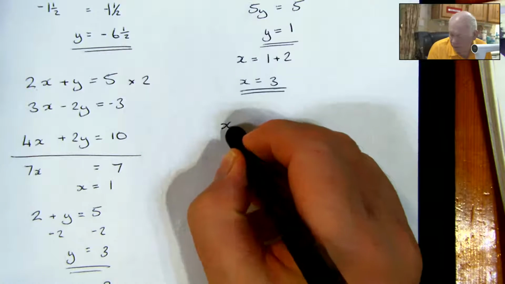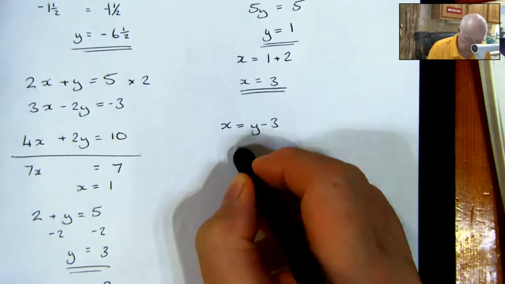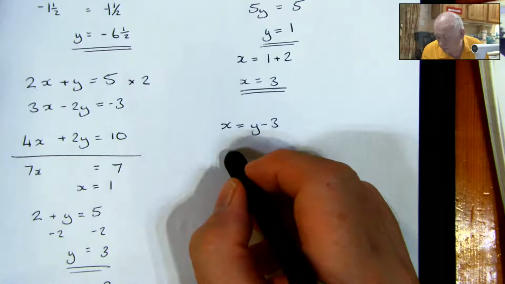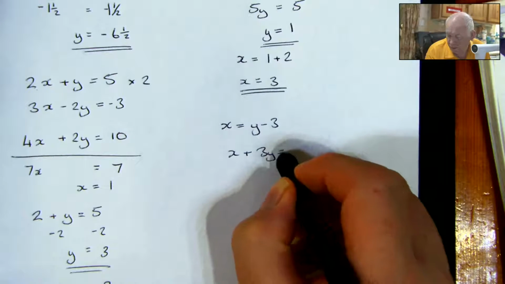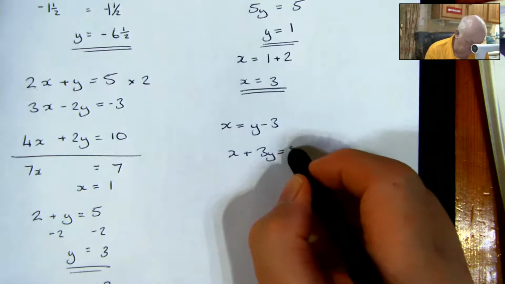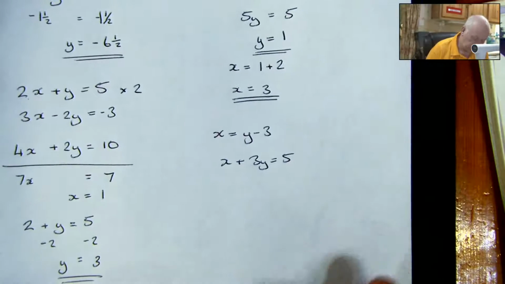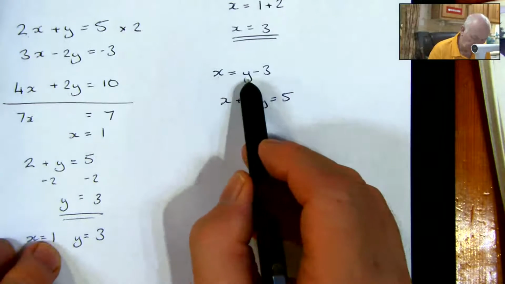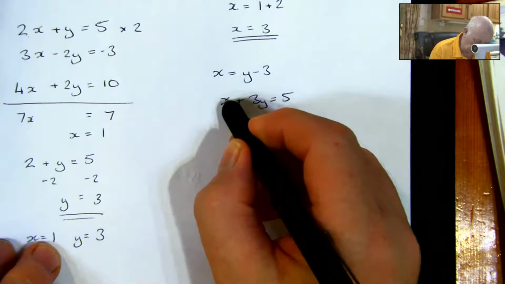Let's try x equals y minus 3, and we can choose another one. Let's say x plus 3y equals something like, I don't know, 5. I'm going to substitute this into my x.